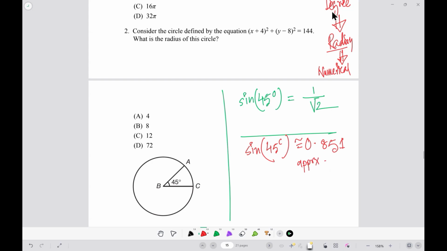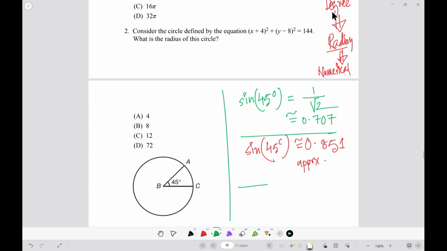And if we calculate 1 over root 2, 1 divided by root 2, the value is close to 0.707. But this is 0.851 and this is 0.707. Do you understand what I'm talking about?